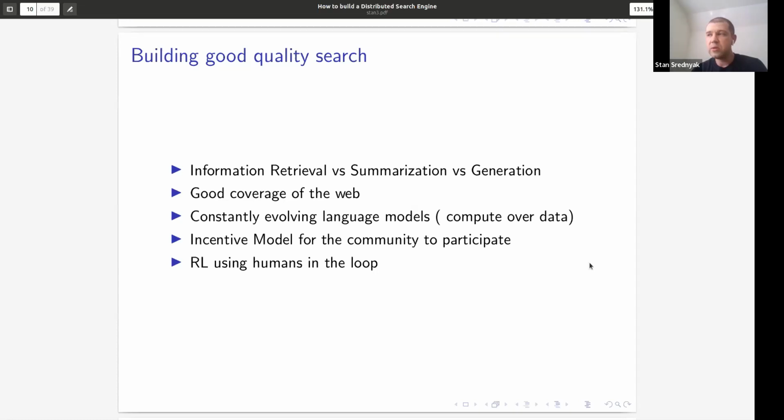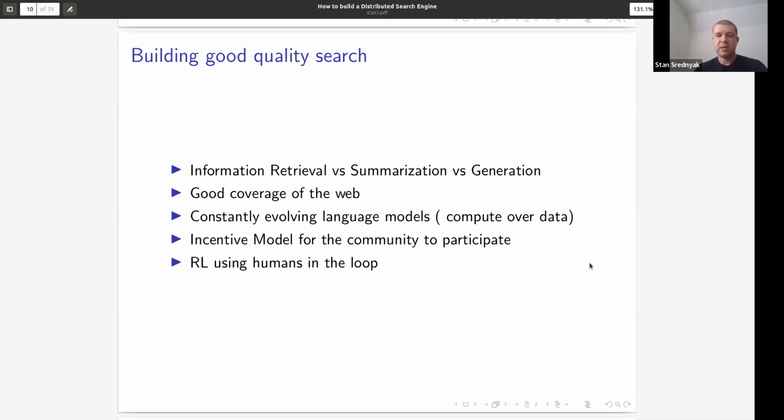The way we think about it is as how the Linux community operates, or maybe the IETF, Internet Engineering Task Force. So we think about it as creating infrastructure in which individual maintainers, individual enthusiasts can contribute to the system to make it more robust and improve search quality.